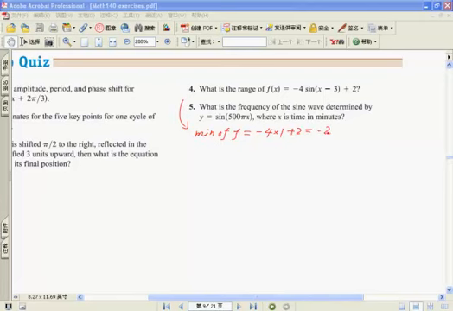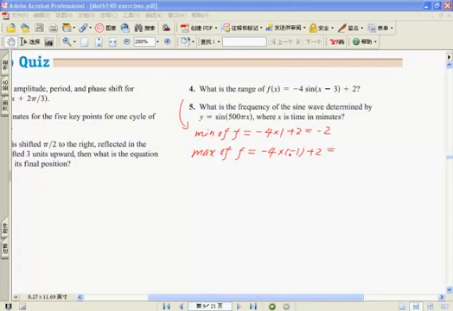And when sine of x achieves its minimum, then this function f achieves its maximum. So the maximum of f is equal to negative 4 times the minimum of sine of x, which is negative 1.